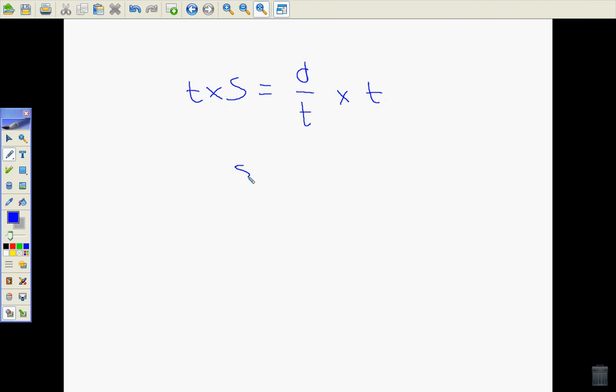So st would equal d. And now to get t as the subject, we have to divide both sides by s. So t would be equal to d over s. We've gone from the situation where s was the subject to where t is the subject. That's what we're trying to do with those types of equations.